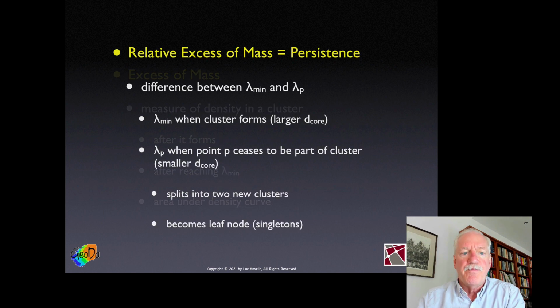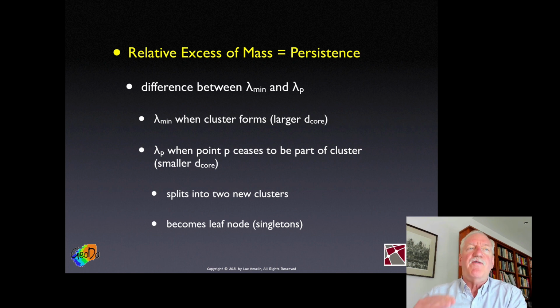So that's a notion of excess of mass. Then relative excess of mass, or also called persistence, is the persistence of a cluster is really the difference between when the cluster forms and when a point ceases to be part of the cluster. And so we have two notions.